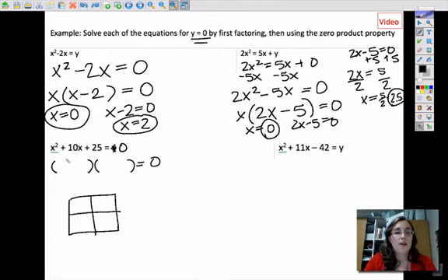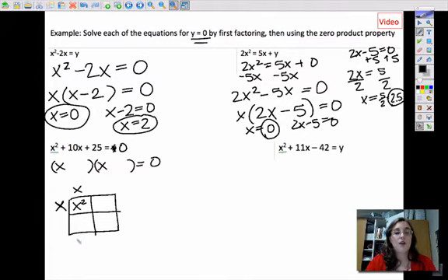So I remember that these first two terms have to be x, because when I later go in and FOIL, x times x, first times first, will give me x squared. Okay, and when I fill that in my box, I know that these two terms will be x squared, right?